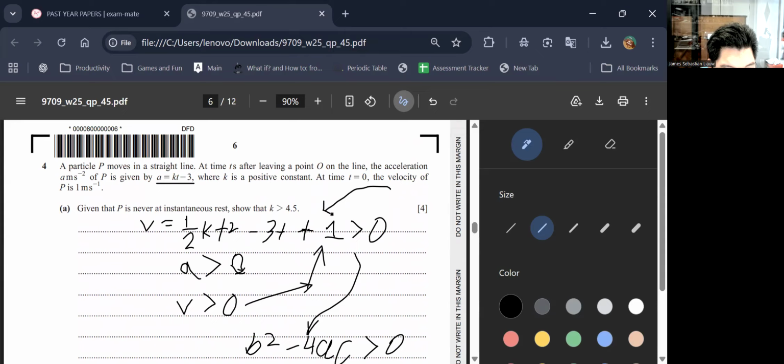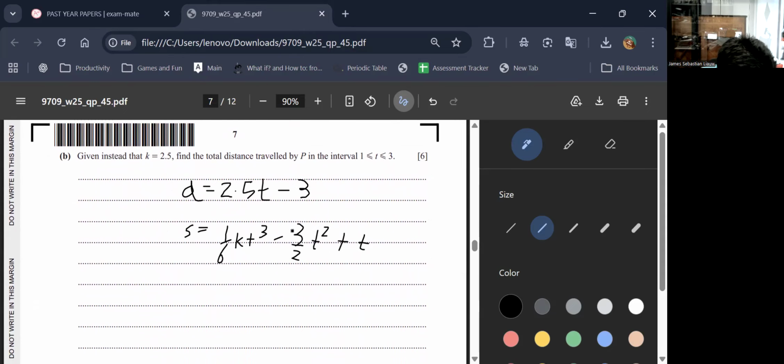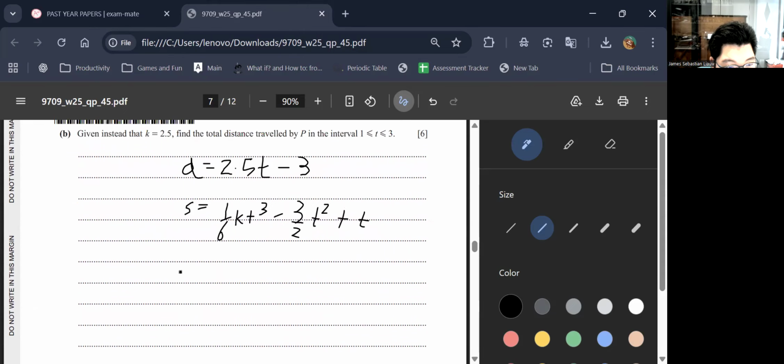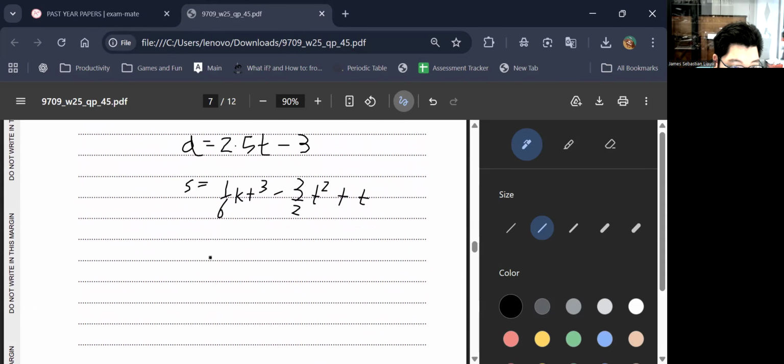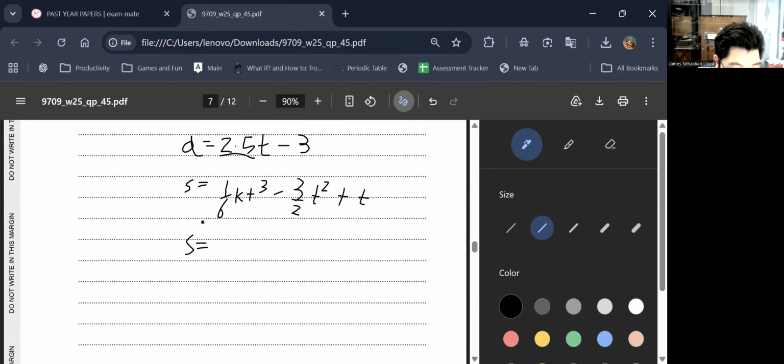Essentially, that expression is a natural follow through on this. Alright. So that's your displacement. We know that this value is 2.5 for part B. K is 2.5.